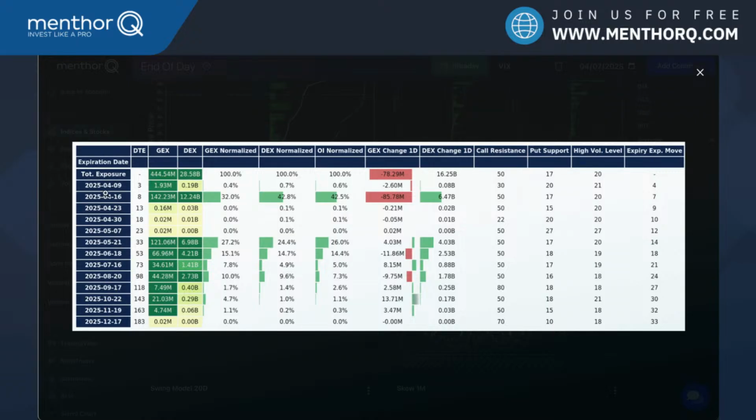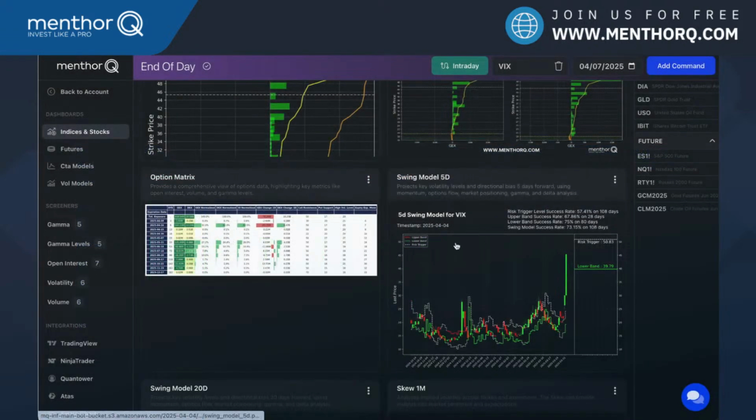So on April 16, 32% of gamma on VIX options will expire. That's next week, so it's going to be very interesting to look at. And then, of course, we're going to have OPEX for the SPX and the other options contracts in the same week. Those are really two key events worth monitoring.